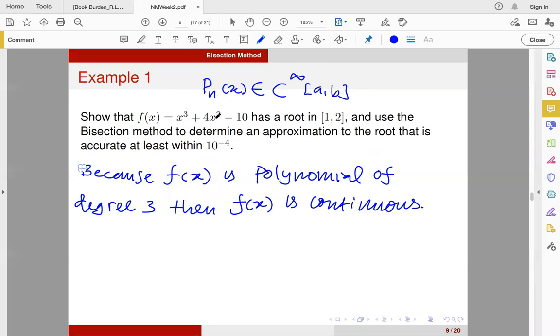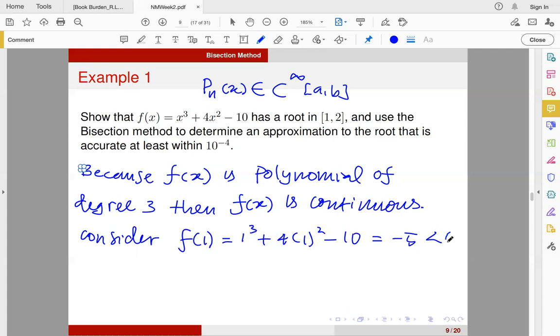Now the next step, after it's continuous, is to check the values. We need to check whether it has opposite signs. Consider f(1). What is the value of f(1)? 1 cubed plus 4 times 1 squared minus 10. The result is minus 5, which is negative.